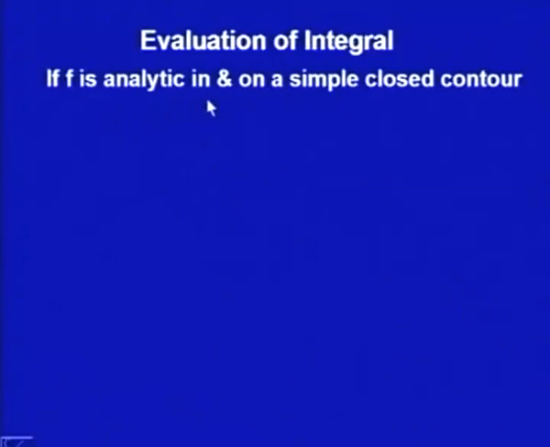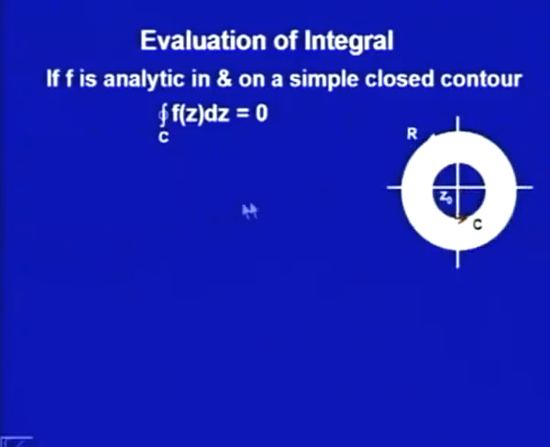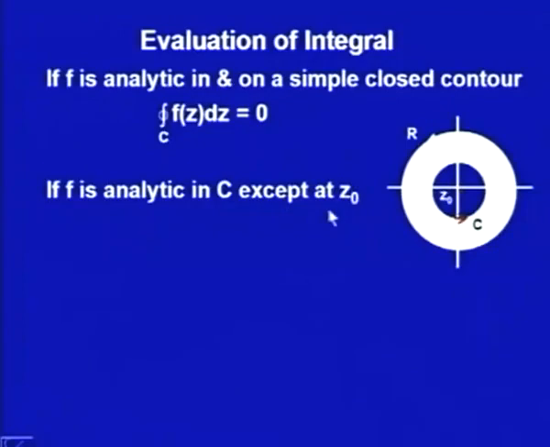If f is analytic in and on a simple closed contour, then the integral along that contour of f(z) dz would be 0. This we do know; this is our Cauchy integral theorem. Now, if f is analytic in C except at z naught, then by the result which we just obtained, the integral along this contour of f(z) dz is 2 pi i times the residue of f at z equal to z naught.